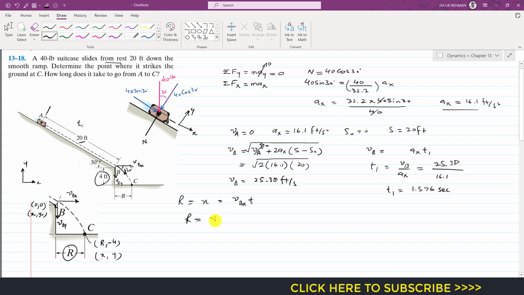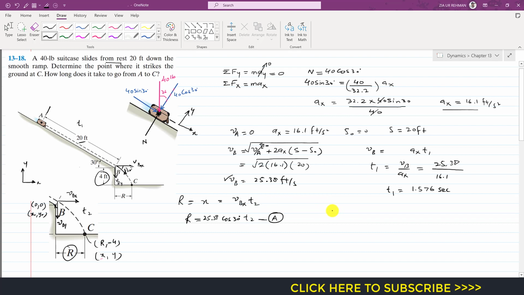So r is equal to VB cos of 30 degrees into the time from B to C, let's say T2, and VB is 25.38. Let's say this is equation A. Since we do not know this R and this T2, we want to find them as well.